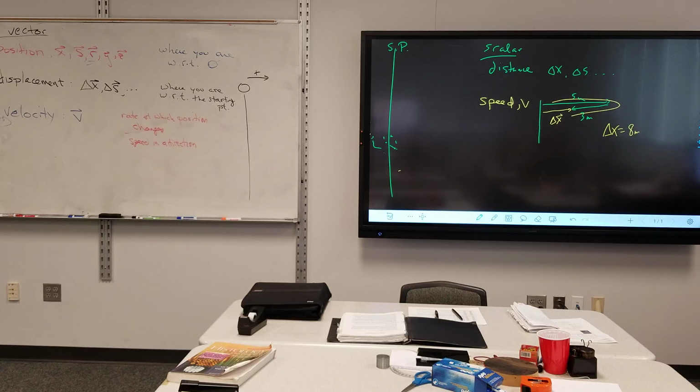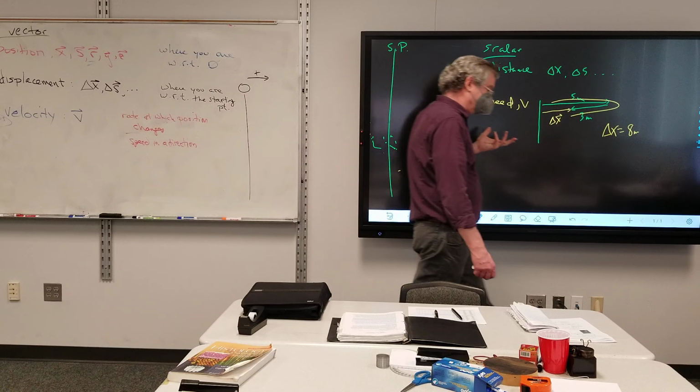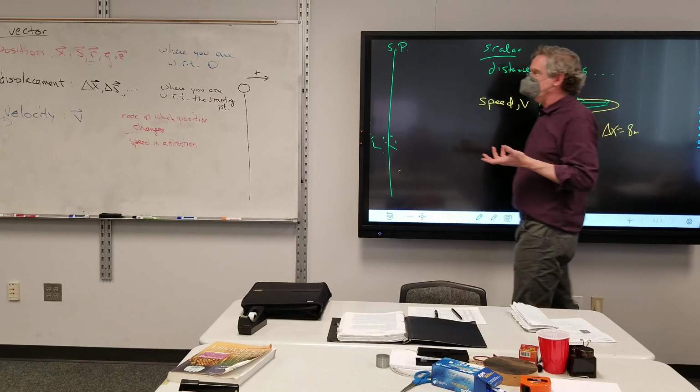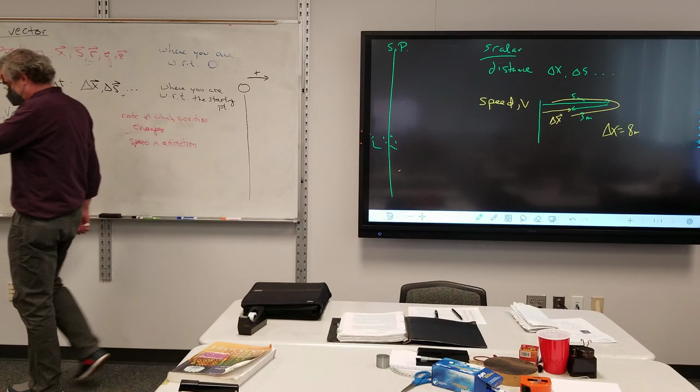So whether something's velocity is positive or negative, and since I didn't put the adjective in front of it, assume instantaneous, velocity is positive, negative, or zero depending on which way I'm moving. Right now I've got a positive velocity. Right now I have a negative velocity, even though my position is positive, now my position is negative.